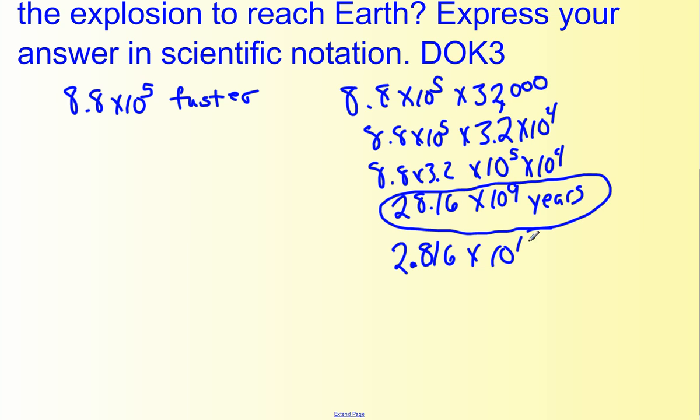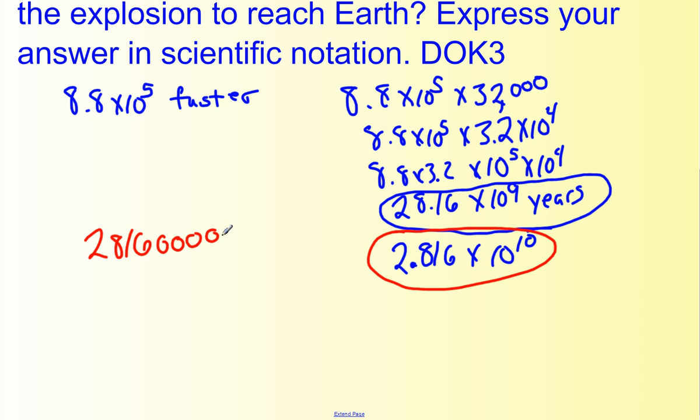The blue is not. Now, in standard form, that'd be 28,160,000,000. 28 billion 160 million years it would take for that sound to get to Earth, if it could ever get to Earth.